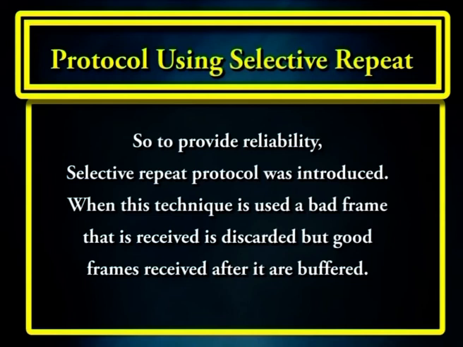When this technique is used, a bad frame that is received is discarded, but good frames received after it are buffered. When the sender times out, only the oldest unacknowledged frame is retransmitted, as shown in the figure.